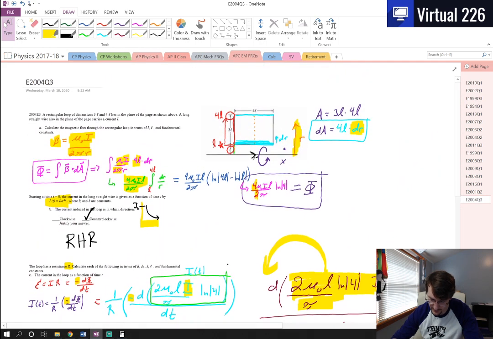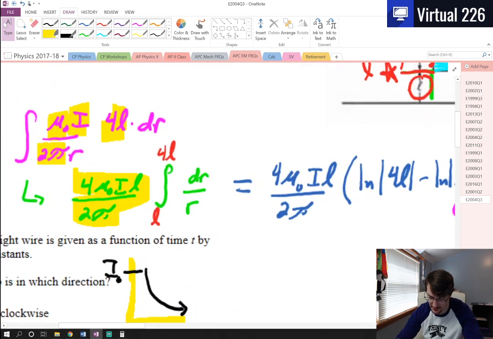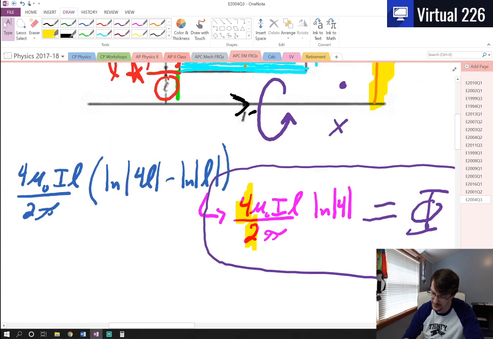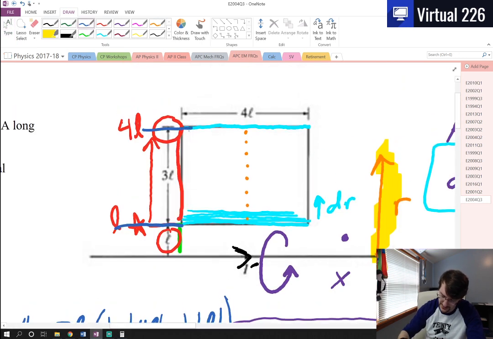The whole problem itself had a fair bit of calculus in it. None of it was actually difficult. In part A, we just had to integrate dr over r, which was a natural log, so we should be pretty familiar with that. We just had to be careful about where we started that. We had to start from point L and go to 4r, out at the edge here.